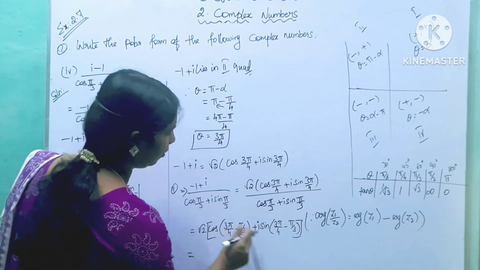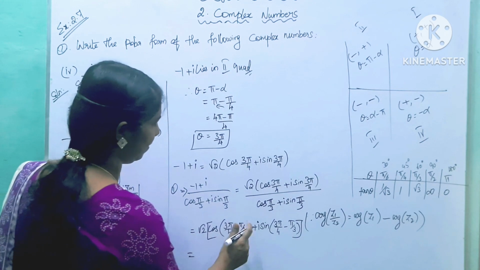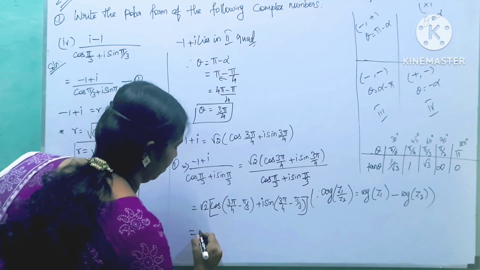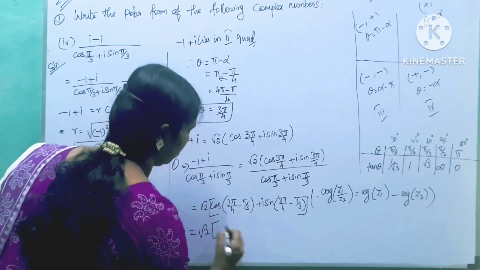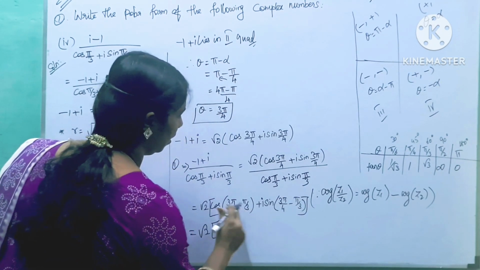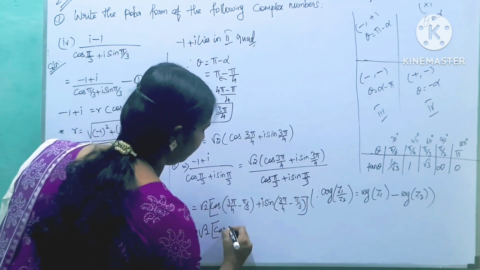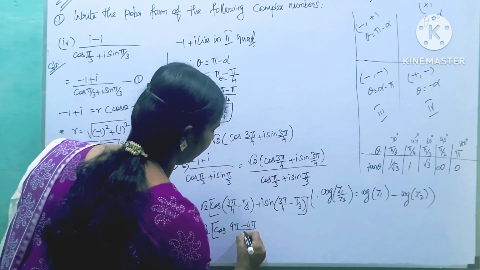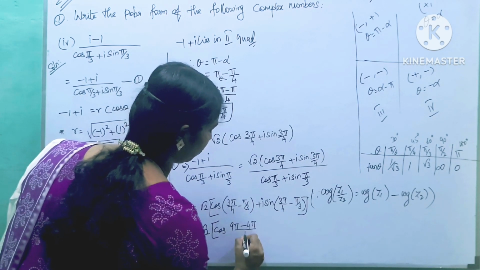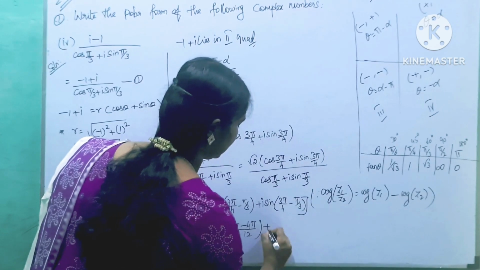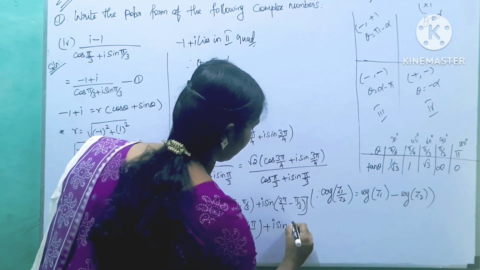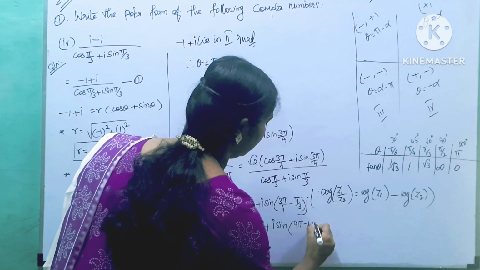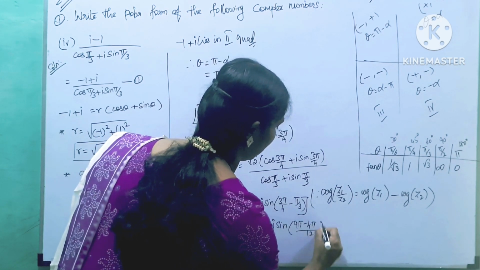So subtract பண்ணோம்னா ரெண்டுக்குமே cross multiply பண்ணா போதும். So the cross multiply பண்ணும்போது it is root 2 into cos 3 pi into 3 is 9 pi minus 4 pi whole divided by 4 into 3 12 plus I sin 3 into 3 pi is 9 pi minus 4 pi divided by 4 into 3 is 12.